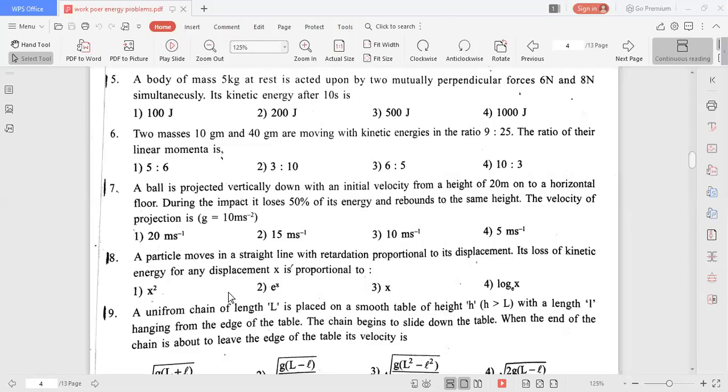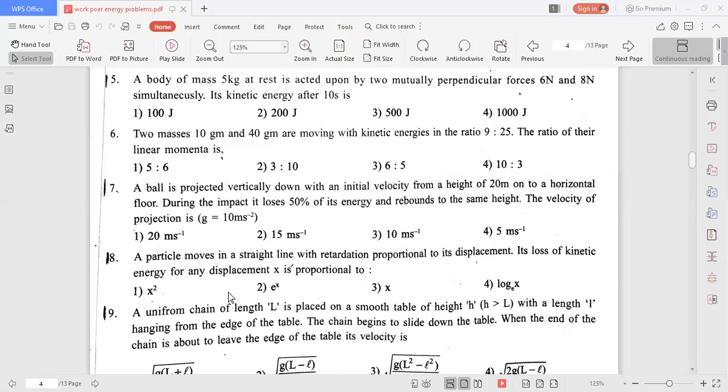First of all, what is the total energy of the body? Whenever the body is at a height h1, it is having potential energy, and as the body is thrown downwards with a velocity u, it is having kinetic energy. Total energy of the body is equal to mg h1 plus kinetic energy half mu square.